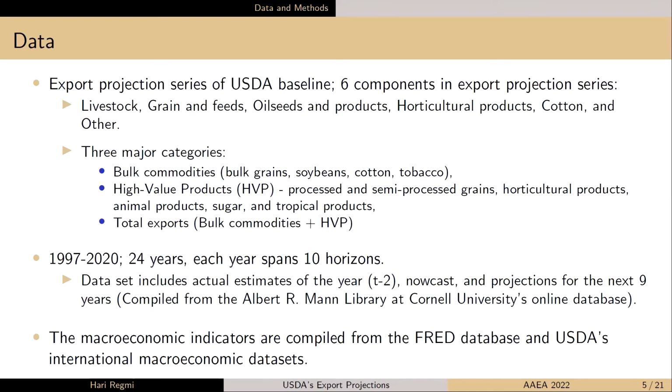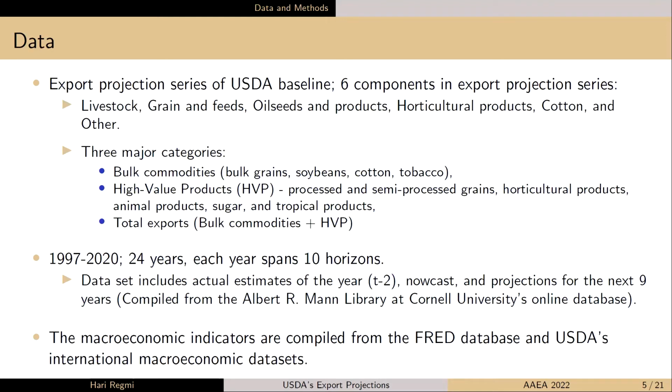So the data set is the export projection series of the USDA baseline. Basically, there are 6 components in the export projection series. These are livestock, meat and dairy products, grain and feeds, oilseed, and different horticultural products, including fruit, vegetables, cotton, and other products.